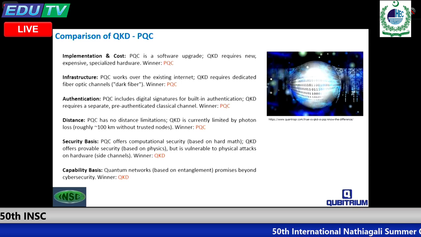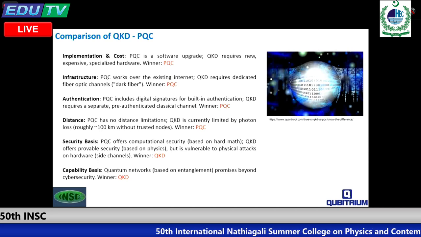Security basis, I think now we come to our part, right? Most of the people here are either engineers or physicists. So the security of QKD relies on quantum physics, either the bit error rate or violation of Bell's inequality.